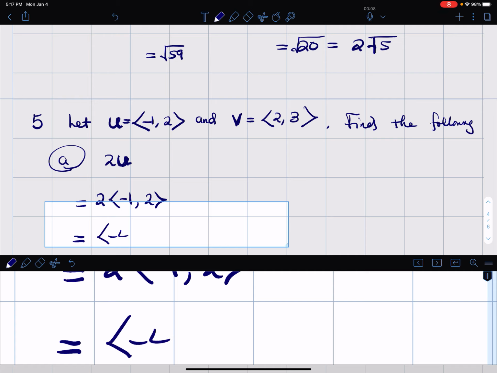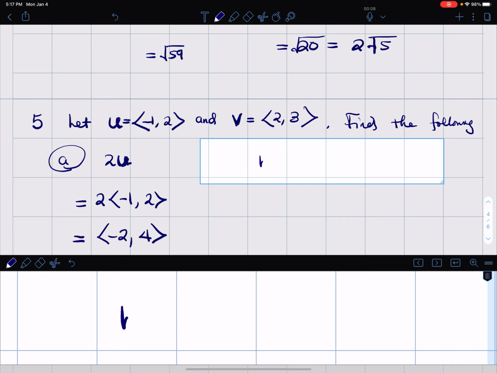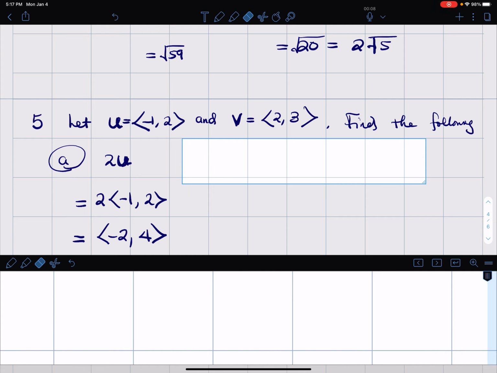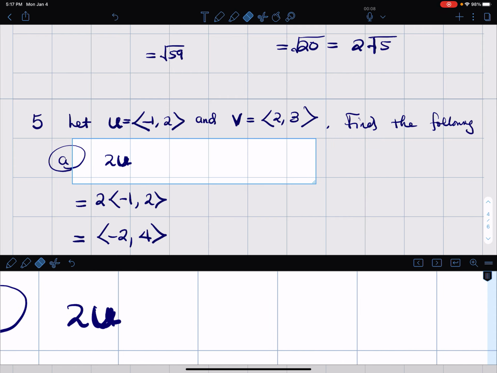Oh no. Where did I get -4 from? -2, 4. Okay. Now, we already know that 2u is the vector whose length is twice that of u, in the same direction as u. That's all.